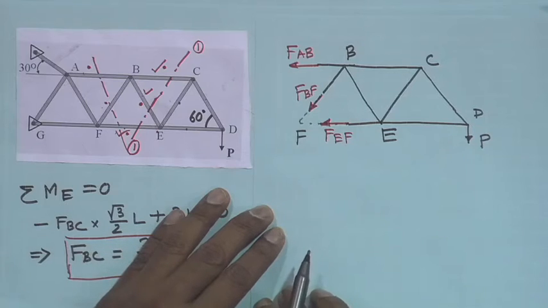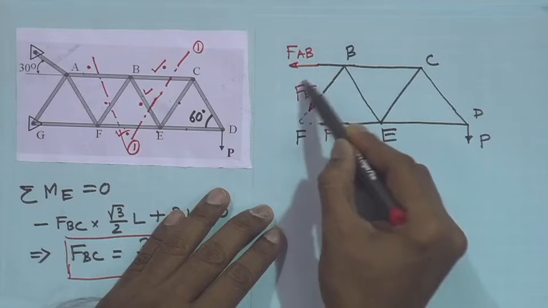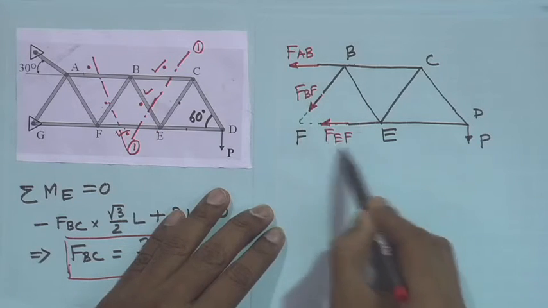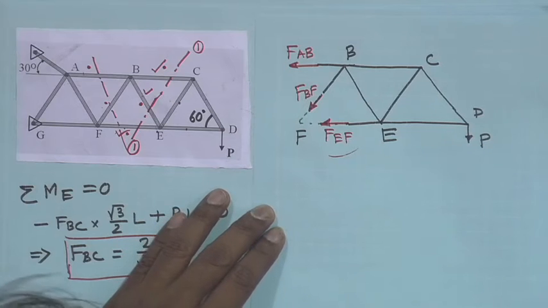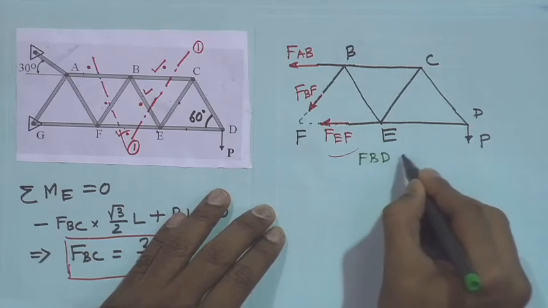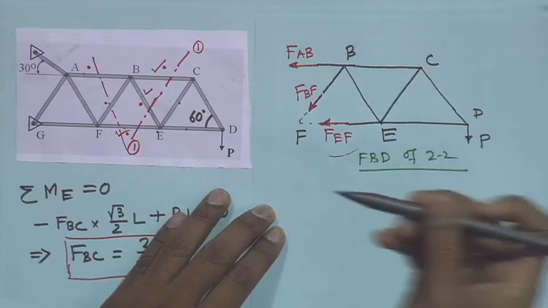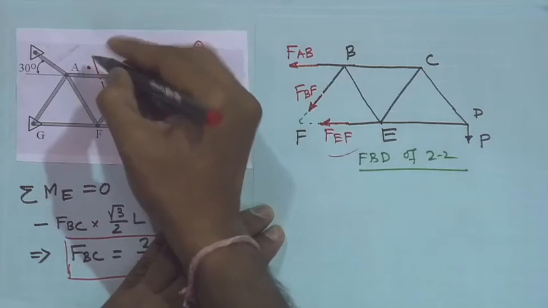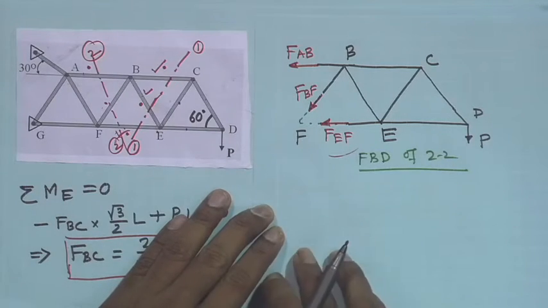What we need to determine is the force in member AB and in BF. EF is already known because we have already computed it considering the other section. So, this is the free body diagram of section 2-2.